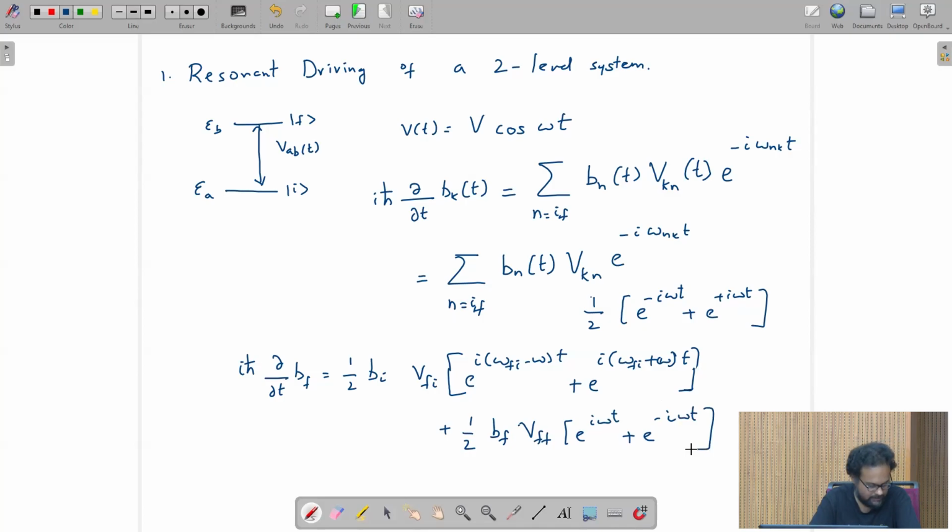Similarly, I can write a similar looking equation for B_I.